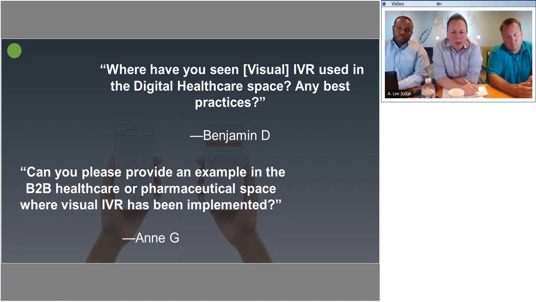It's not healthcare, but they do their product activation, where IT in an organization has to phone the software company to actually activate the licenses that they've procured for their own organization. So it is B2B, and something as simple as product activation has been very successfully utilized in Visual IVR.